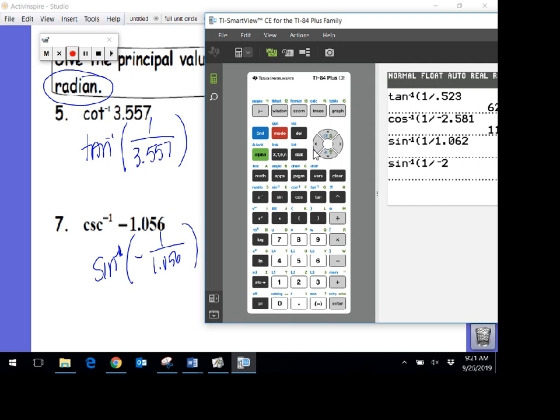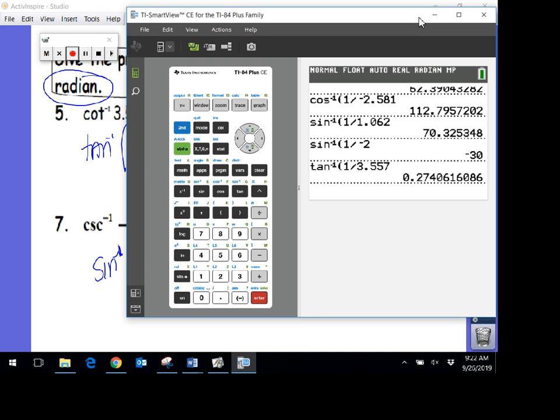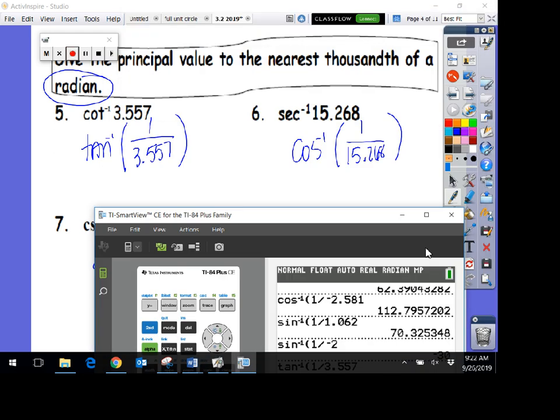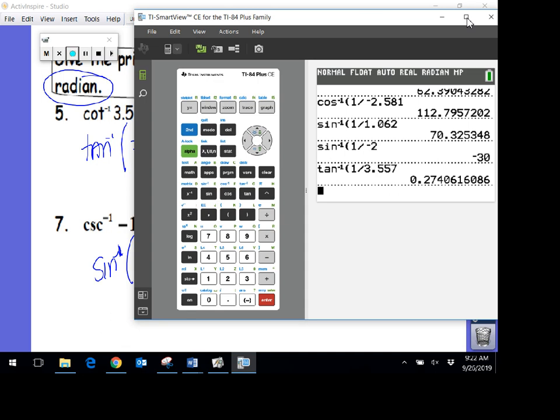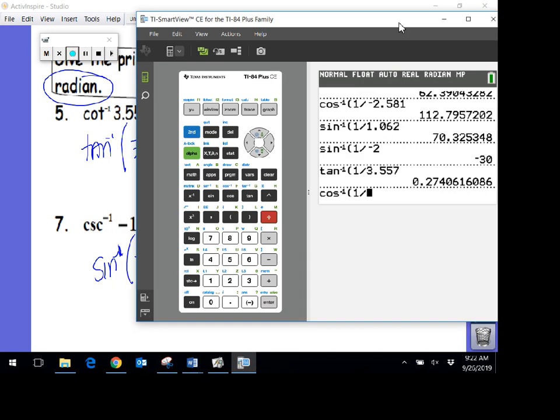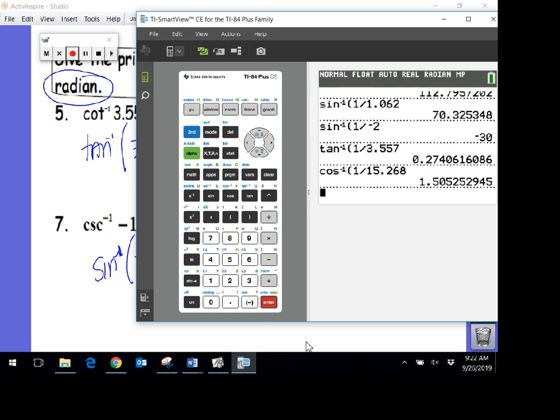All right, so second tangent, 1 over 3.557 into 0.274. If you want to put RAD or radians after it, you can, but you don't have to with the radians. Again, if you want to, you can. Inverse cosine, so second cosine of 1 over 15.268 is 1.505.